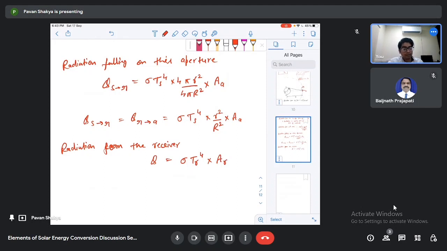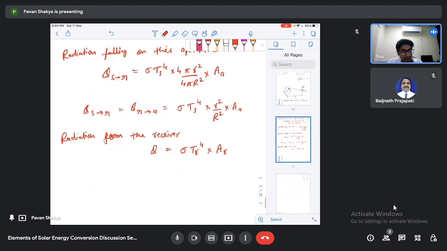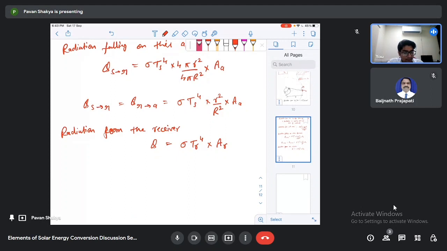Now we will say that the radiation exchange between the sun and the receiver, and the receiver and the sun, will come out to be in equilibrium when the temperature of the receiver becomes equal to the temperature of the sun, that is Tr equal to Ts.